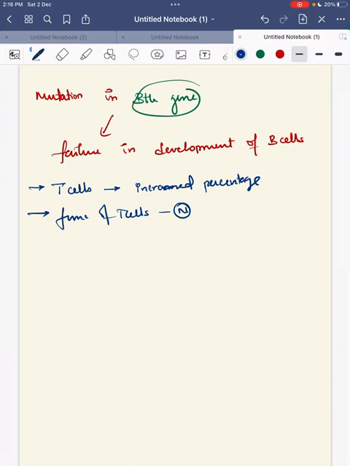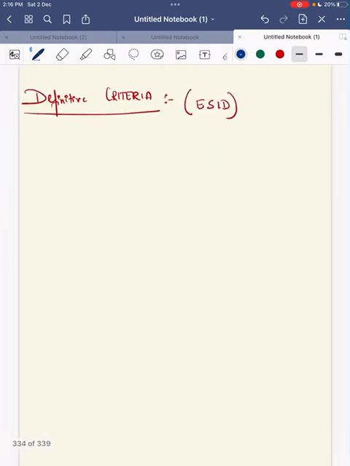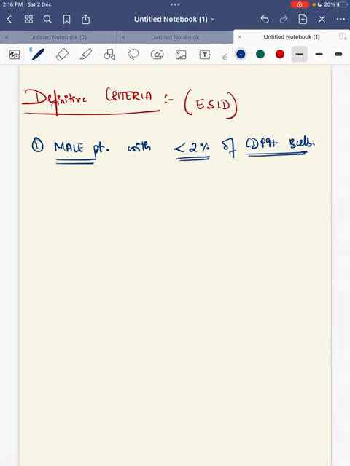According to the European Society for Immunodeficiency, there is a definitive criteria for a patient to have X-linked agammaglobulinemia. First, a male patient should have less than 2% CD19 positive B cells.